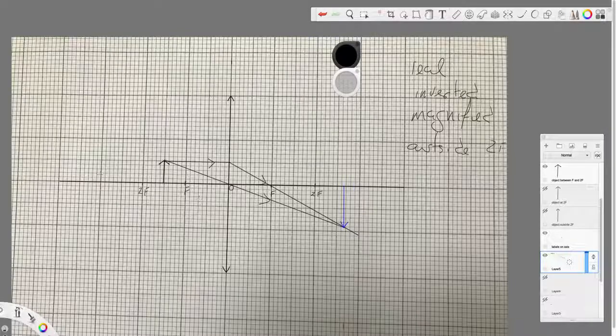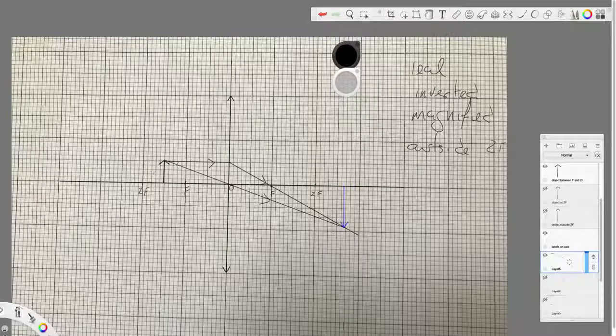So when the object was out here, the image was here, between F and 2F. It was real, inverted, and smaller than the object. Move the object in, the image moves out. It's still real, it's still inverted. It's the same size as the object and at 2F.